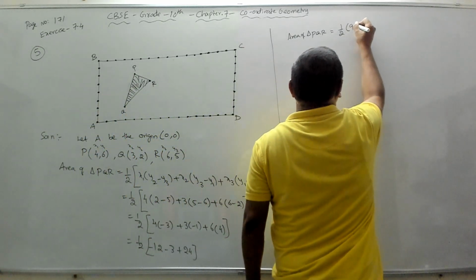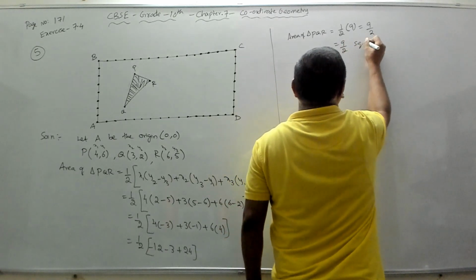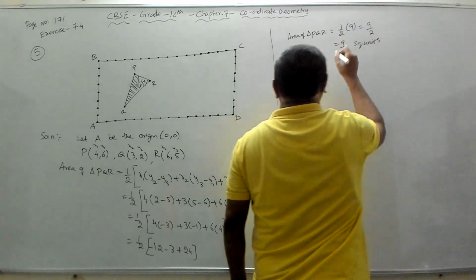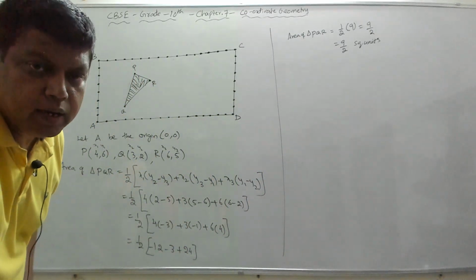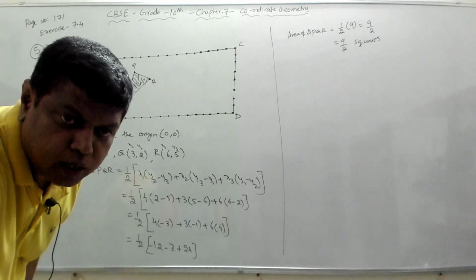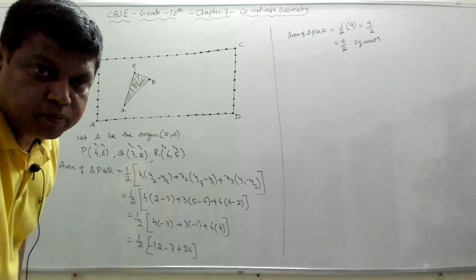So the answer is 9 by 2 square units. That is the area of the triangle PQR if you take A as the origin. So if you take A as the origin, then the area of the triangle PQR is 9 by 2 square units.